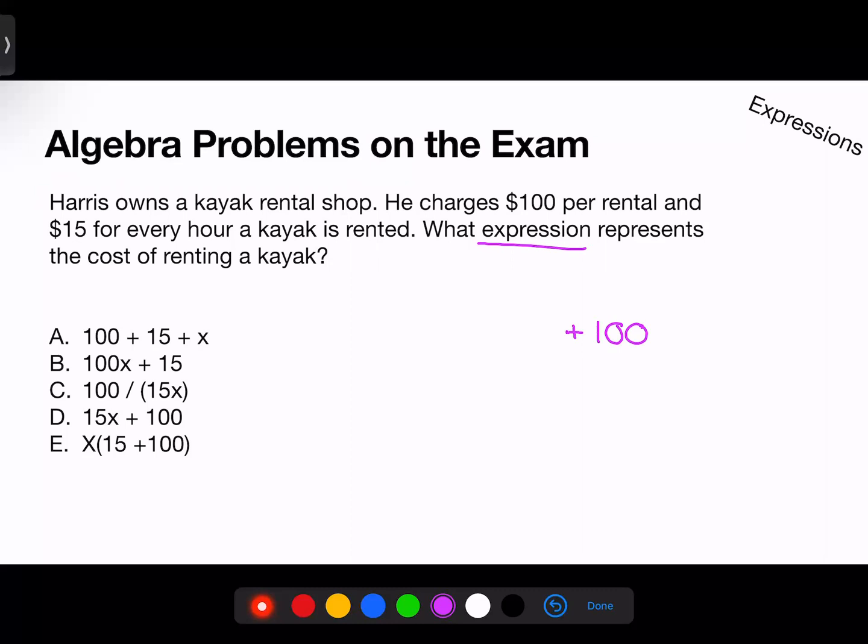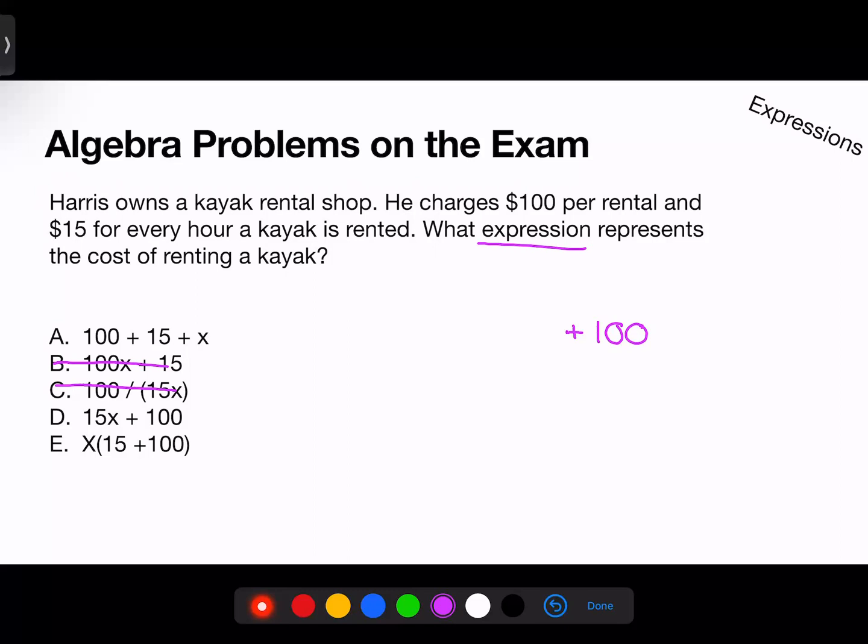We can go ahead and eliminate any choices that don't have 100 added to the expression. That eliminates choices C and D. $15 an hour could be viewed as repeated addition or more easily multiplication.